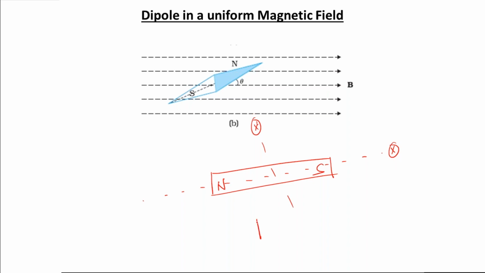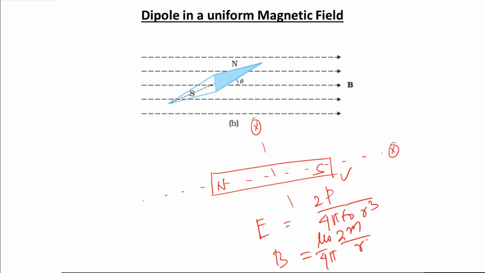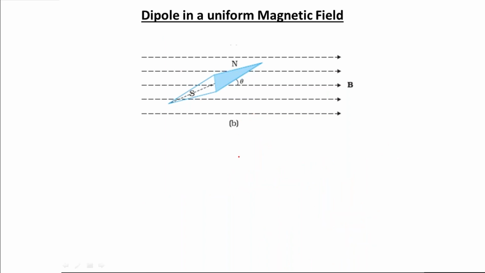Okay, so the magnetic field created by a magnetic dipole and the electric field created by an electric dipole on any axis are actually equivalent. In the case of an electric dipole, the electric field was 2p by 4 pi epsilon naught r cube, and for the case of a bar magnet, we have found this is mu 0 by 4 pi, this is 2m by r cube.